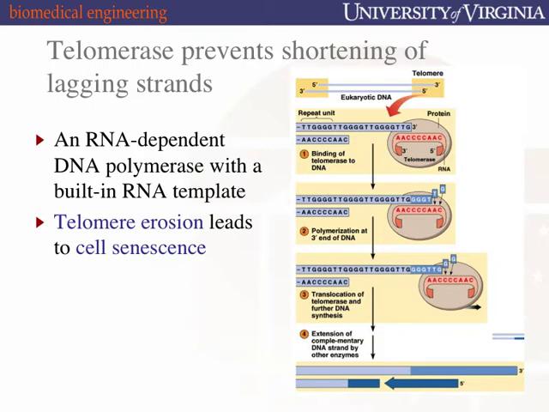I think this even made Time Magazine. It was the fountain of youth protein, telomerase: if you could extend your telomeres indefinitely, you would never age. You could immortalize a cell, and you can, in fact. In cell culture, if I jack up telomerase activity, then I can have that cell divide forever. I can immortalize that cell.